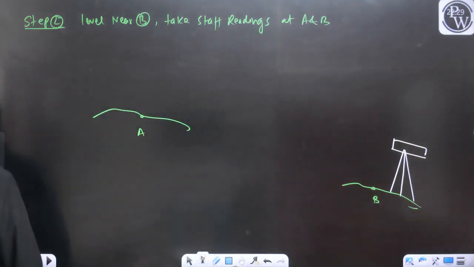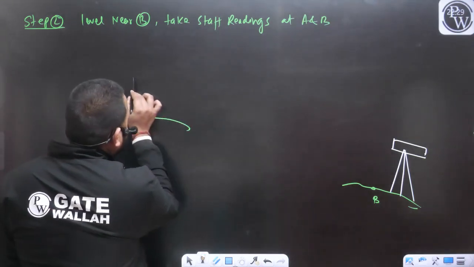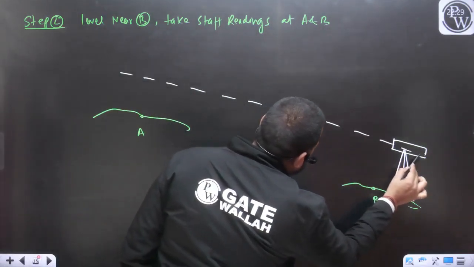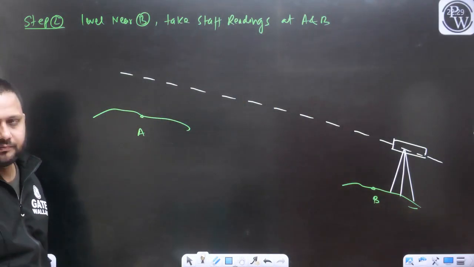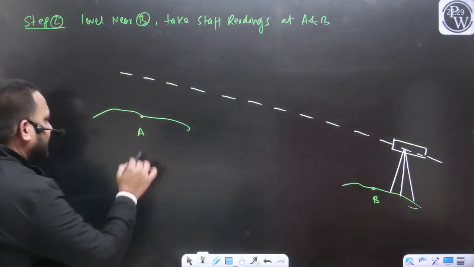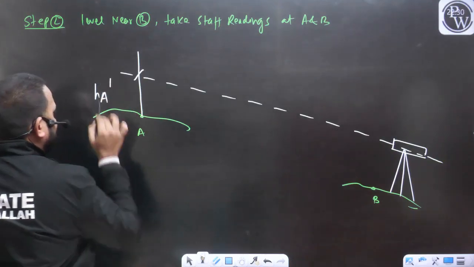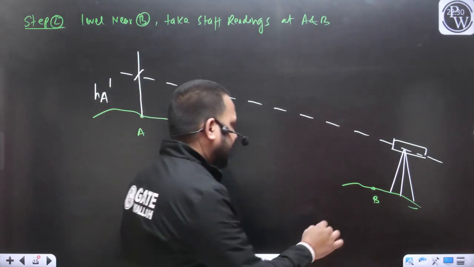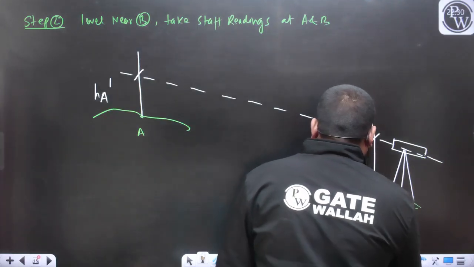This is going to be your horizontal line from the point B. Now I will take the staff reading at A, which I am representing as HA dash, and I will take the staff reading at B, which is going to be HB dash.